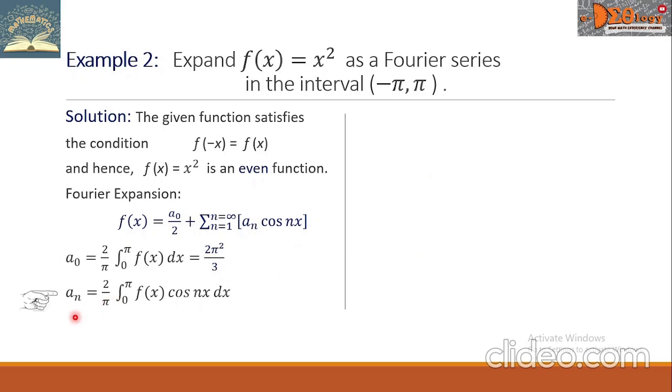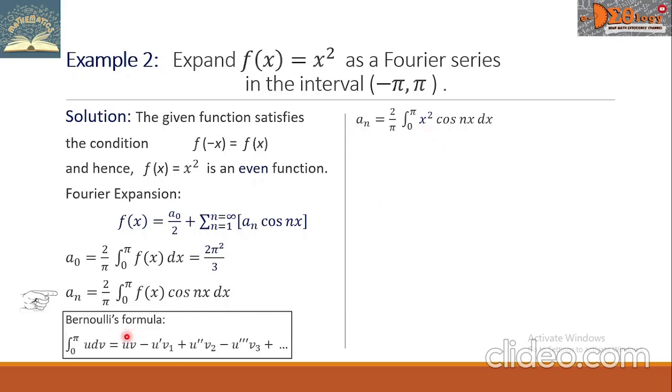Let us solve for a sub n. Let us now substitute the value of f of x as x squared. Remember that when we solve for a sub n, we always use the Bernoulli's formula. It means we need to collect the values of u and dv respectively.